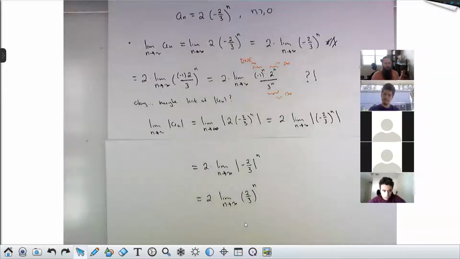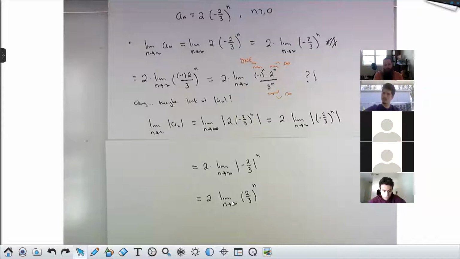Does anybody know what this limit is? And could we argue why? I know Cody has an idea. Anybody else have an idea what this limit is? Infinity. What was that? It diverges. Infinity. So if you were to write this as 2 to the n over 3 to the n, the top and bottom both go to infinity.